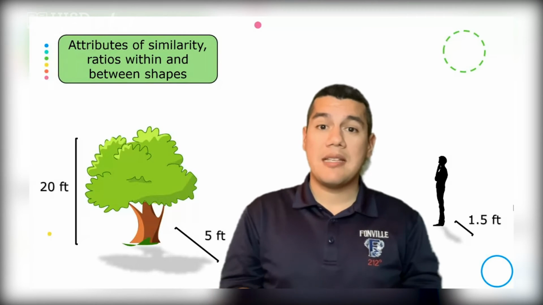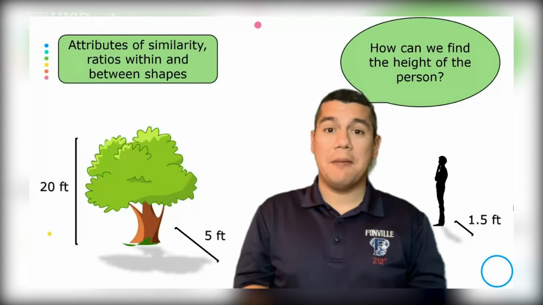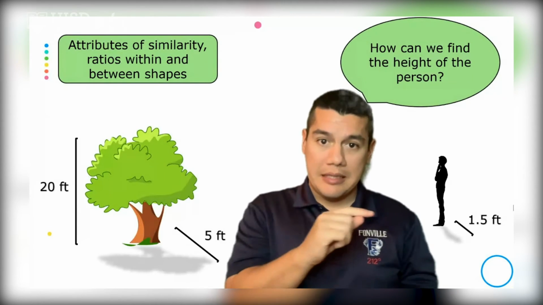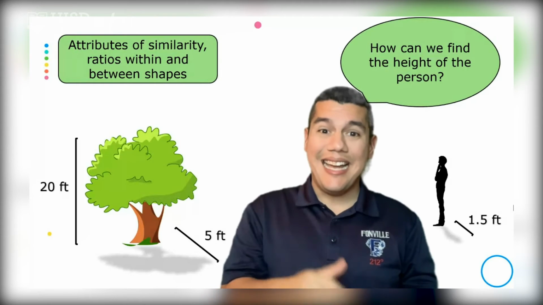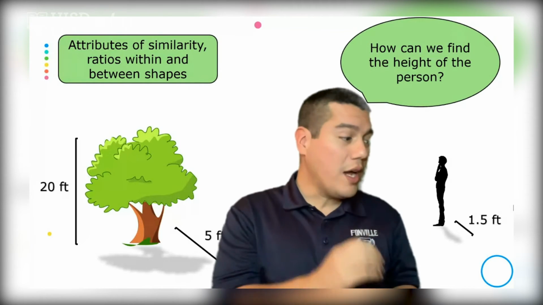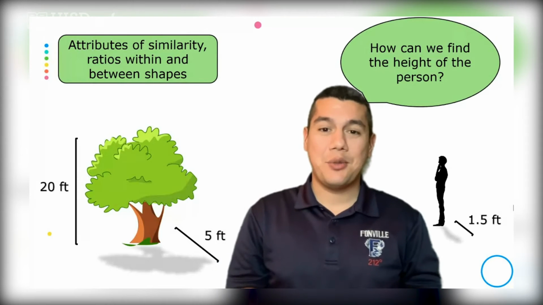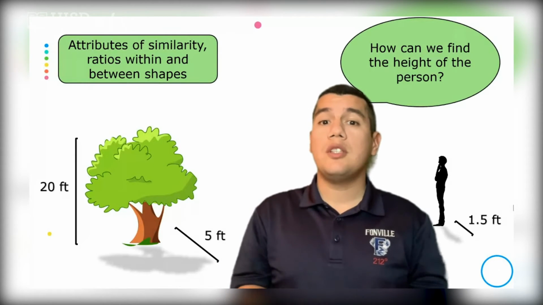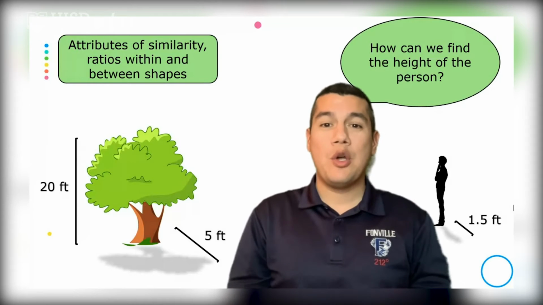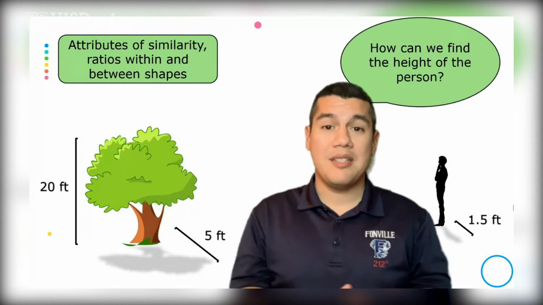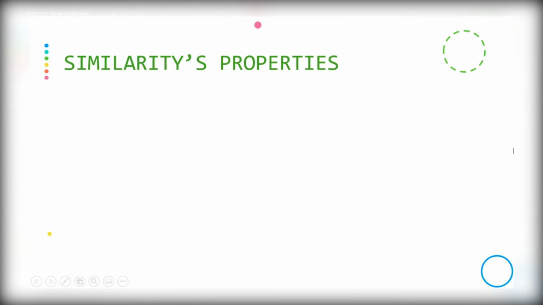The question says, if both of them make a right triangle between the shadow and its height, then what will be the height of the person standing next to the tree? In order for us to do this, we have to learn how to find missing sides using the properties of similarities.